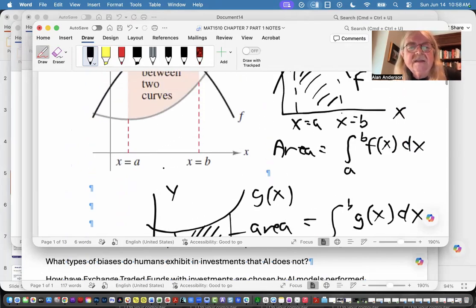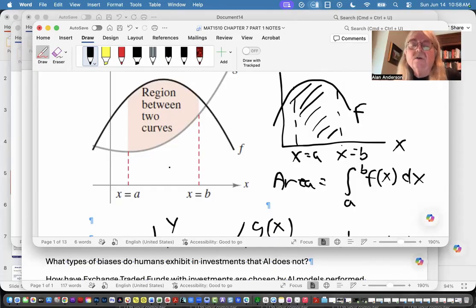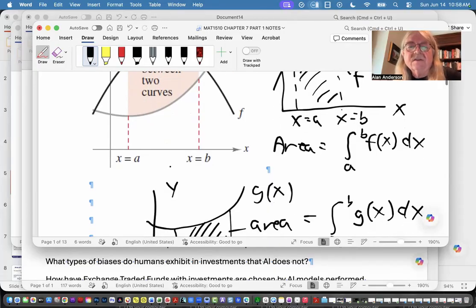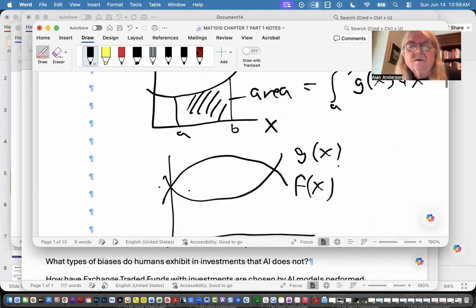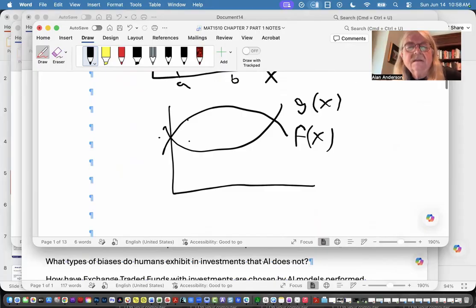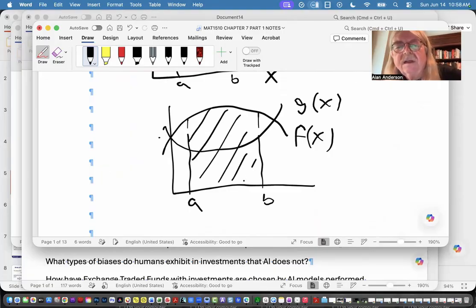And that crosses at a. Actually, it crosses outside of a and b. a and b are in the center there, so let's say that this is a and b. So the area under f of x is, we'll color it as black here. Then the area under g of x, I'll change that to red.